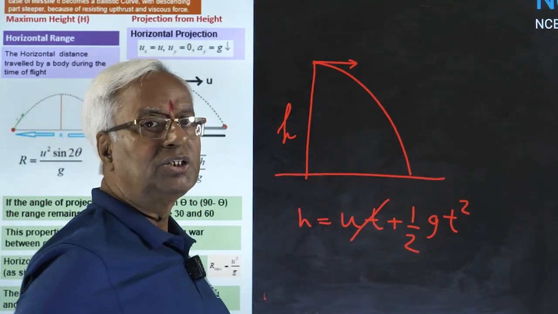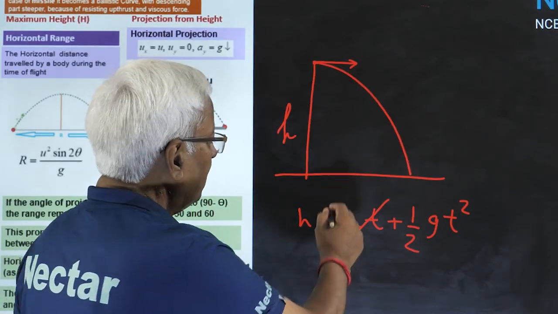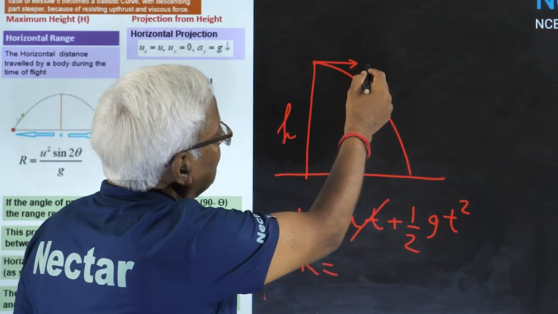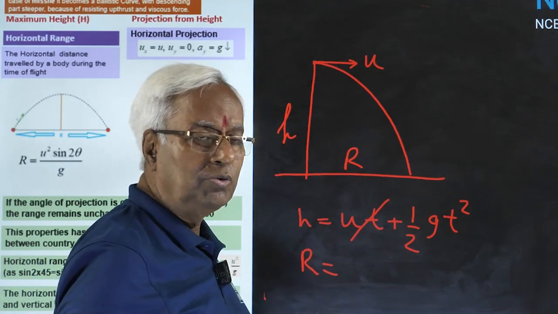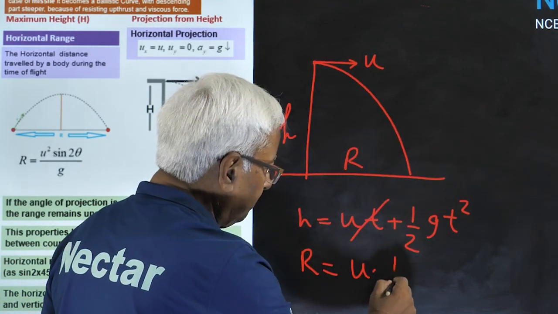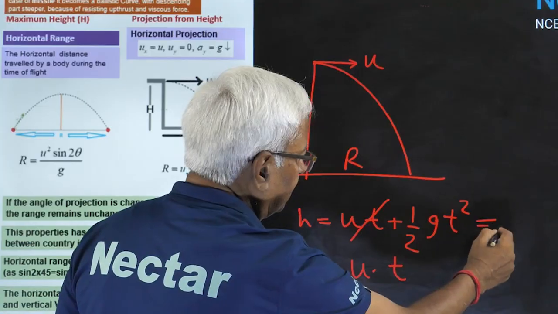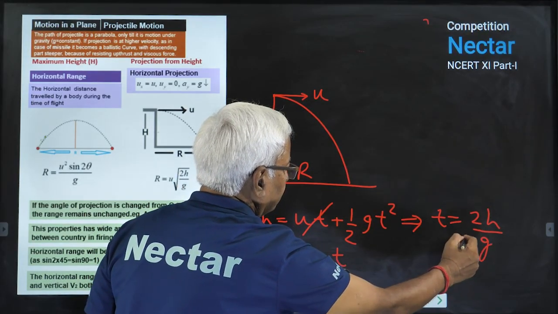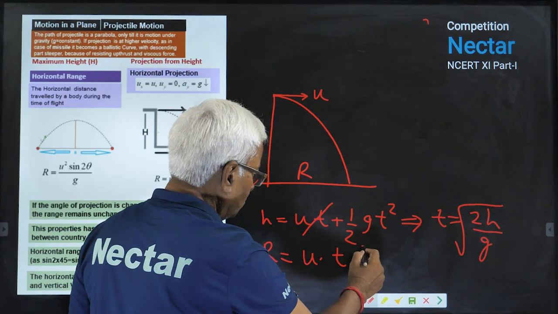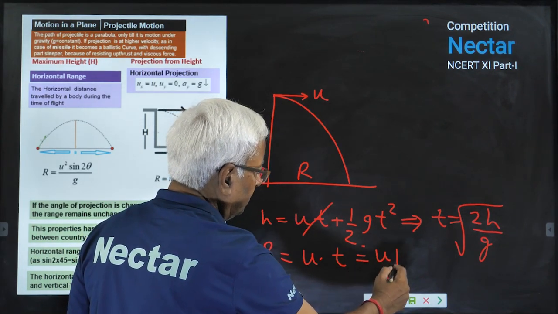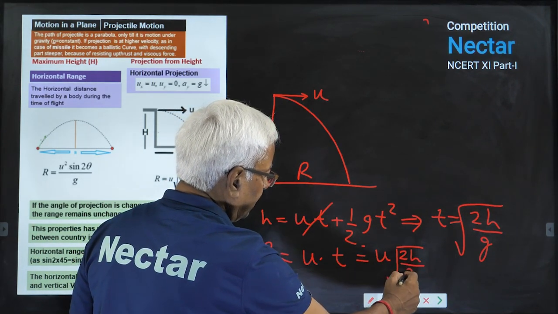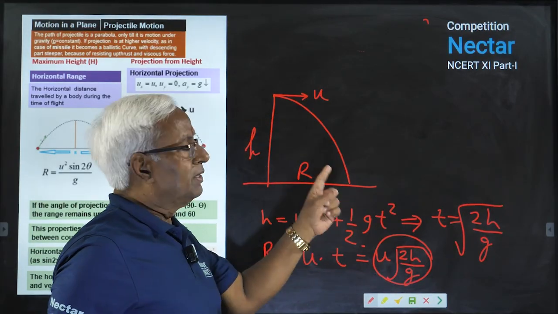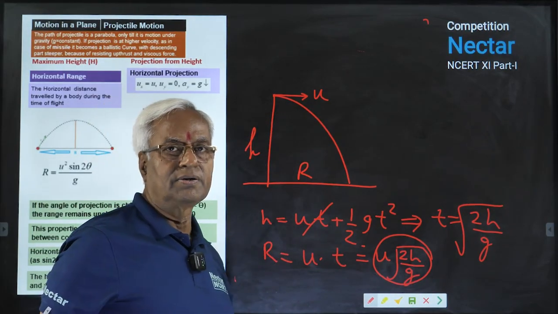It becomes half gt square. And this range will be equal to, if the initial velocity of projection was u, u into t. You might take t from here, it will be root 2h upon g, so u root 2h upon g. This becomes the range when the projection is horizontal.